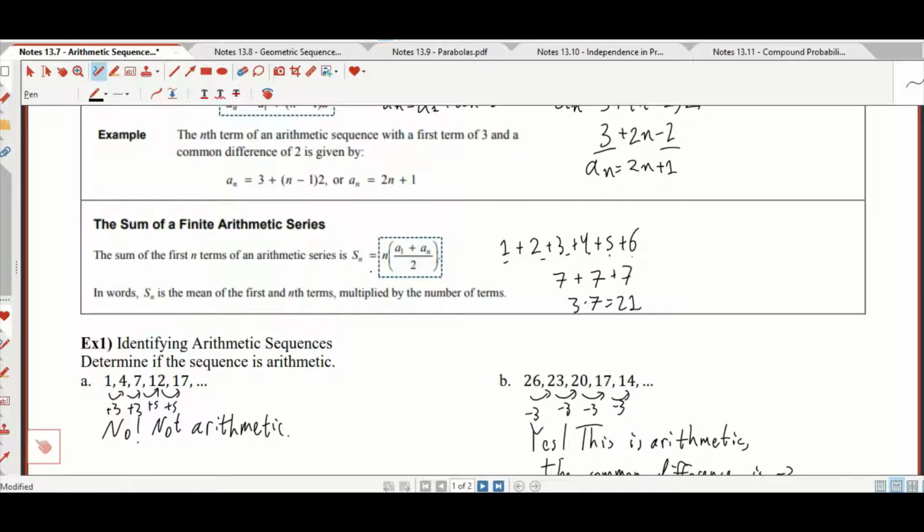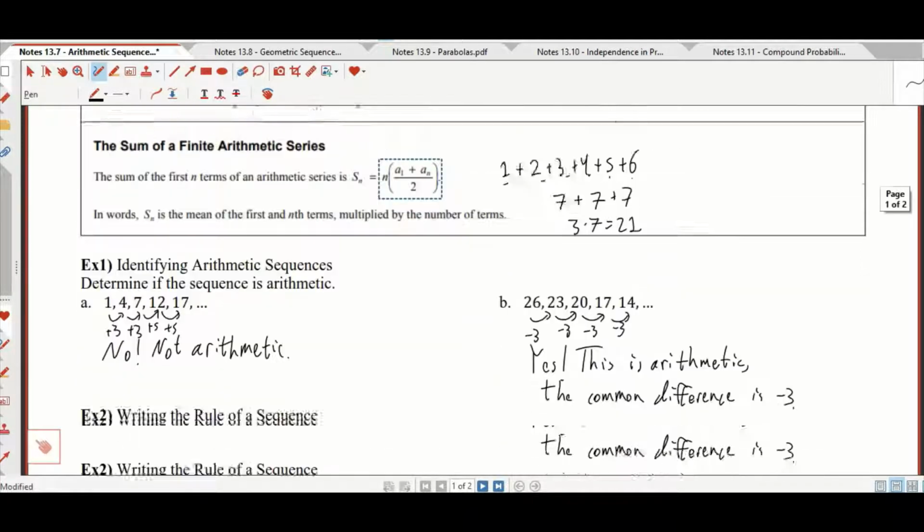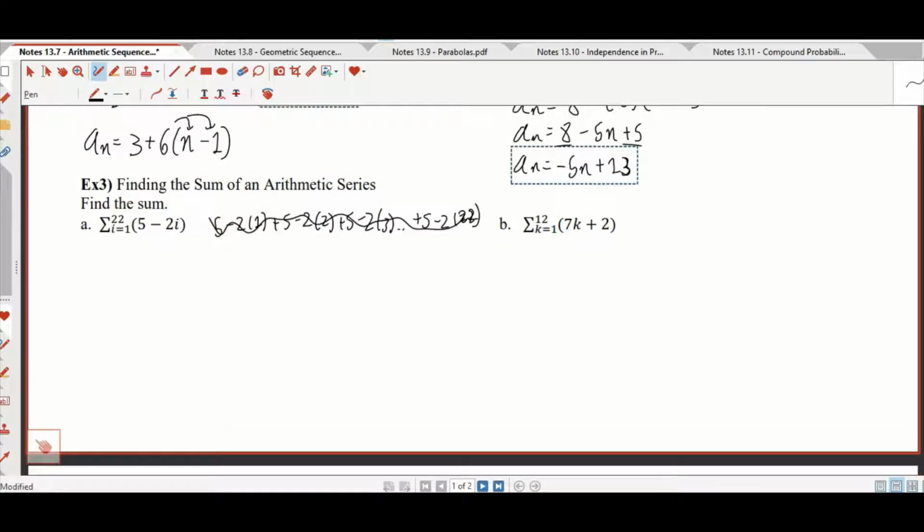So the sum of n is equal to the number of terms times the average of the first and the last term. So the first term, 5 minus 2 times 1, is 5 minus 2, which is 3. The last term, 5 minus 2 times 22, is equal to 5 minus 44, which is equal to negative 39.